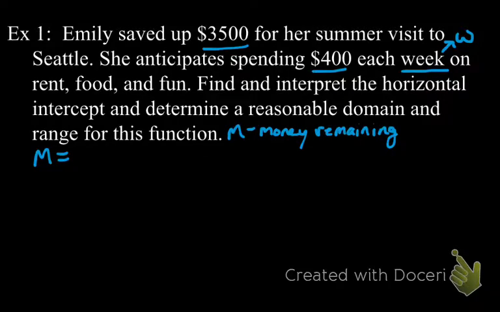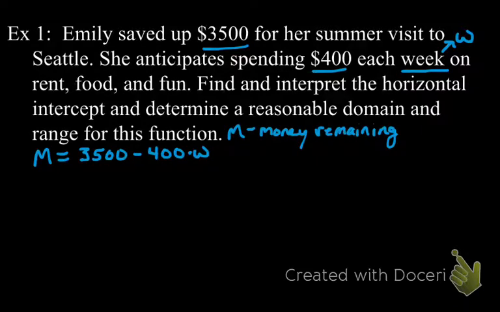And if we think about that, she starts out with $3,500. And then we have to take away from that the amount of money she spends. So she spends $400 per week, and we already said in that previous equation that's going to be 400 times W. So the amount of money she has left is going to be $3,500, the amount that she had saved, minus $400 times W, and that's based on the amount of money she spends each week times the number of weeks she stays.